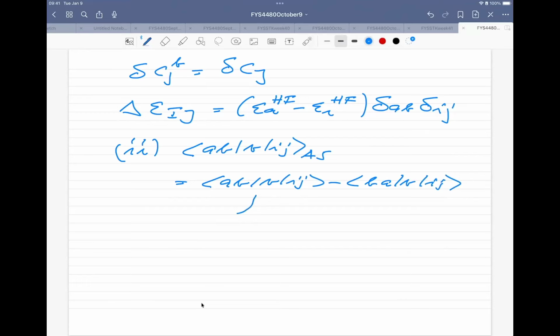Now, if you want to interpret this in terms of a diagram, we would get something which looks like this. So we have the A and B's going out, and I and J's coming in. So these are incoming hole states.